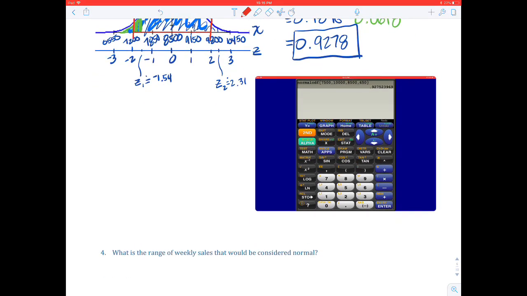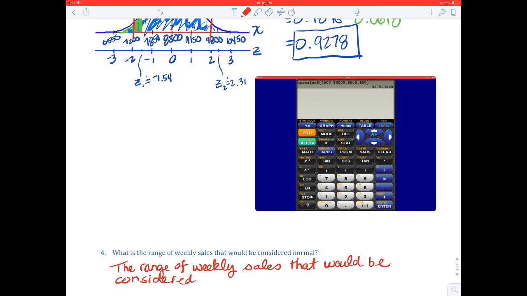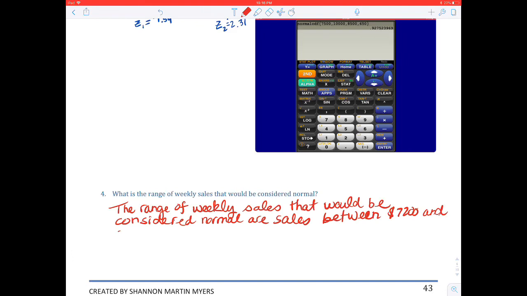So down here, we can say the range of weekly sales that would be considered normal are, actually, should probably say sales between 7,200 and 9,800.